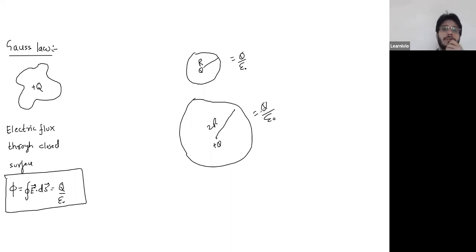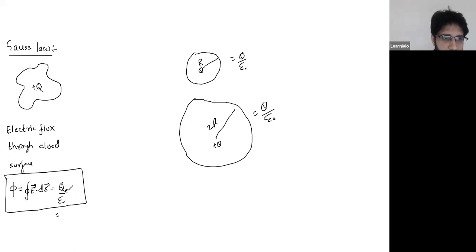Yes, Fatima, this result is the same for any shape, any size. The only thing that matters is your surface should be a closed surface. So if you have a closed surface of any arbitrary shape, any size, and you place a charge Q inside that closed surface, then the electric flux passing through that surface is Q by epsilon naught.